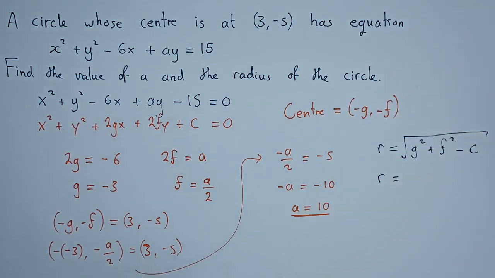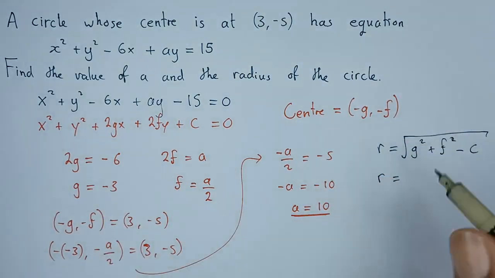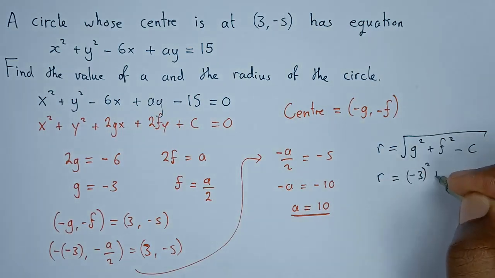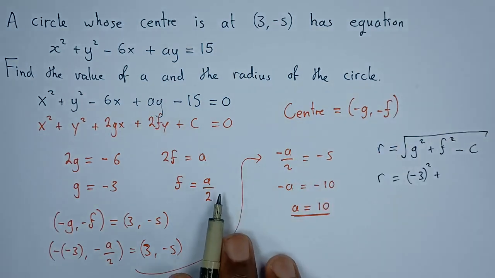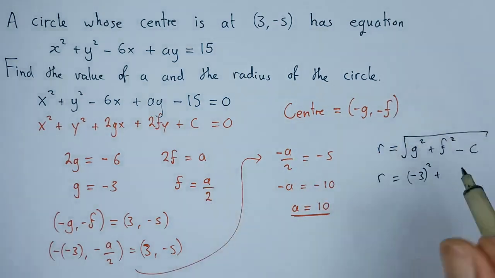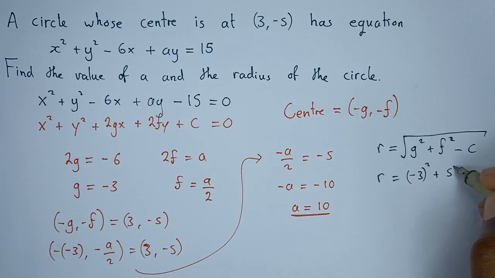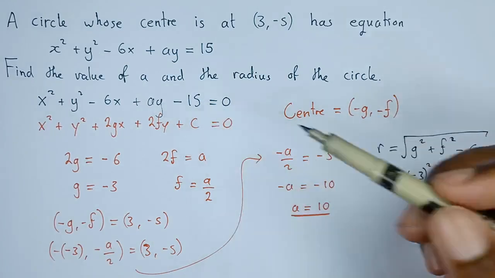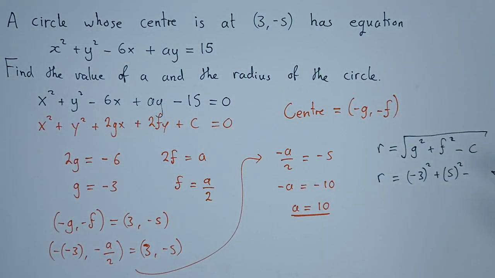We saw that our value of g is negative 3. So negative 3 in brackets squared plus the value of f. The value of f is 10 over 2, which is 5. 5 squared minus c. Now, what is our c? Our c, you can see that our c is negative 15. So this will become a positive 15.